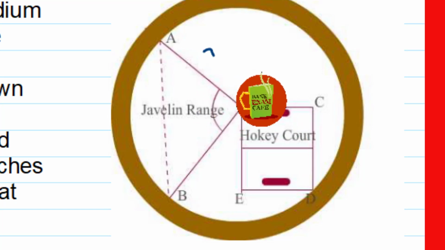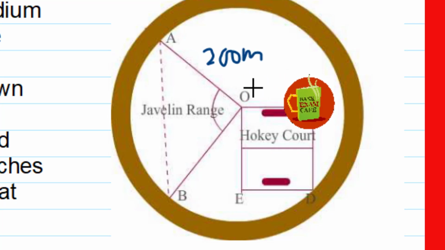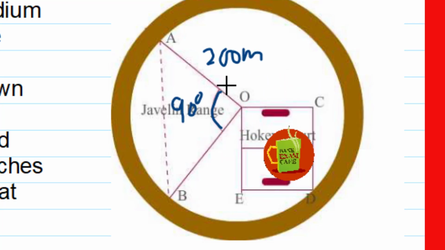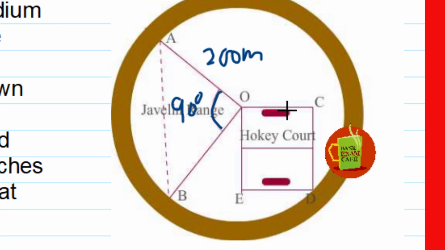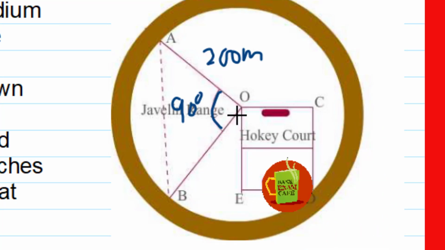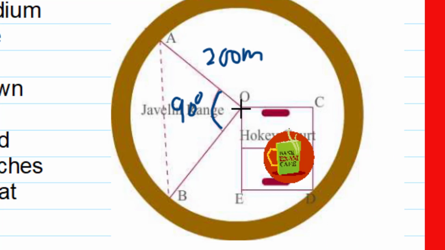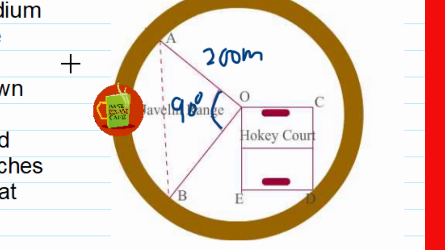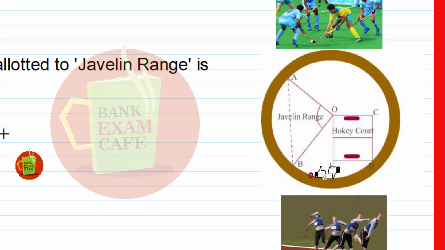This is a right angle triangle and this is of the square shape, and both have a common edge at the center. This much is given to you and you have to answer the questions given below. So let us see the first question which is on the screen.